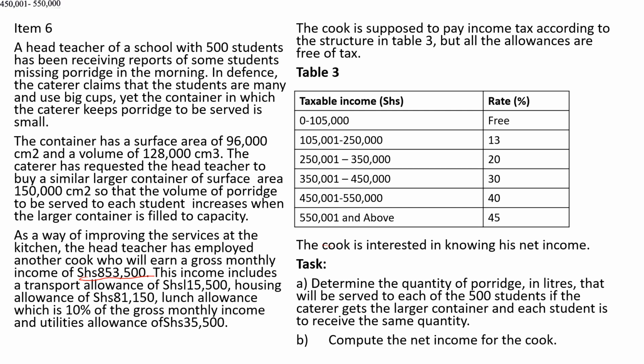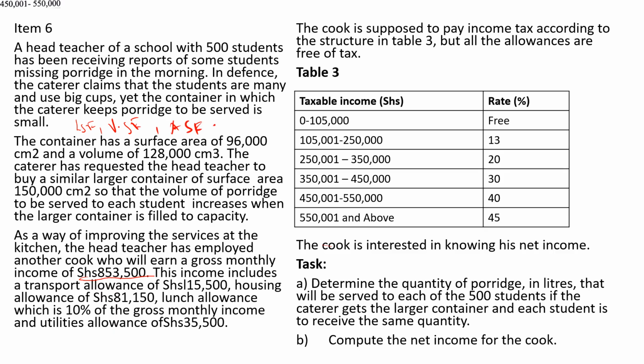Now, when you look at item 6, it required a learner to know very well the topic of similarities and enlargements. The first part needs similarities and enlargement, specifically linear scale factor, volume scale factor, and area scale factor.